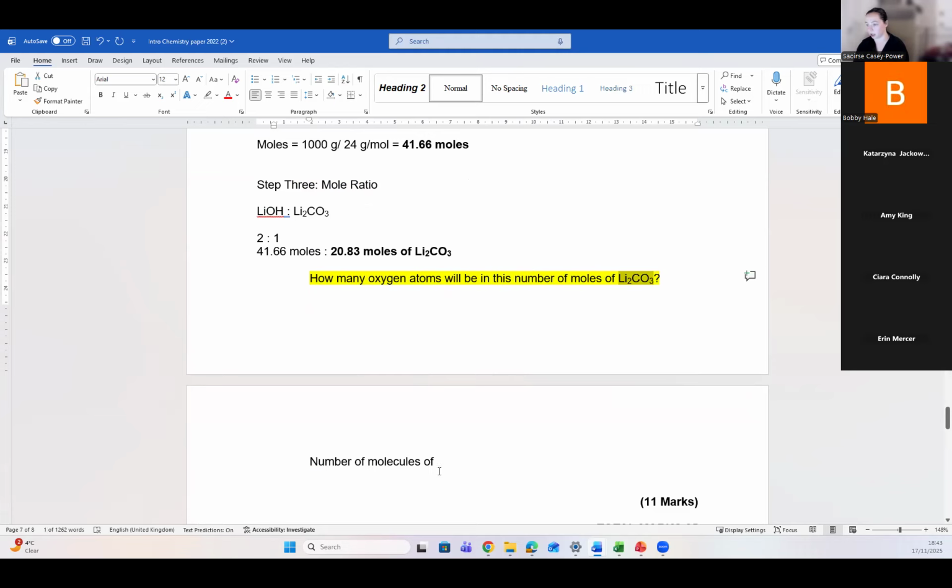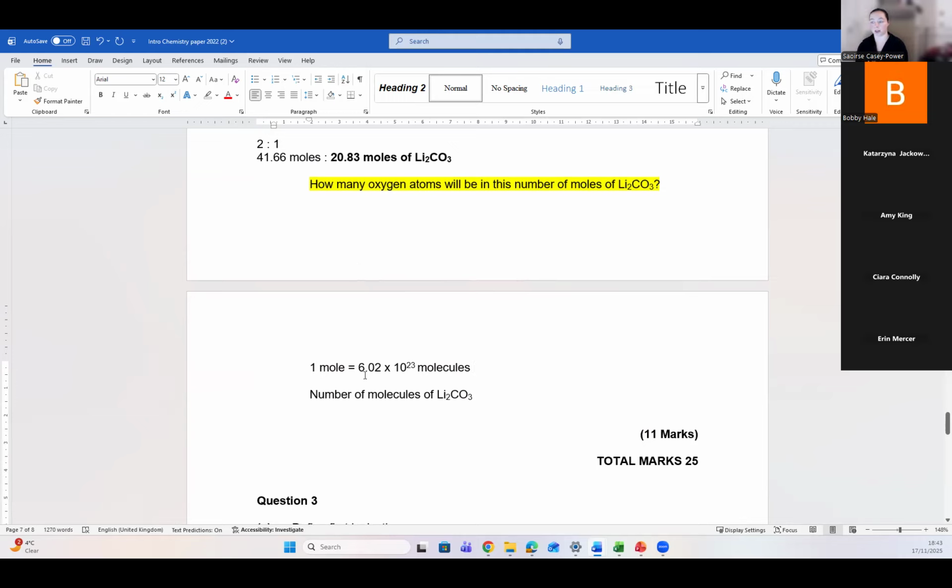Like we said on slide 19 of that lecture, recall that 1 mole is equal to 6.02 by 10 to the power 23 atoms or molecules. That's Avogadro's number. It's kind of what I said about the mole: the mole is just another way of describing a number.